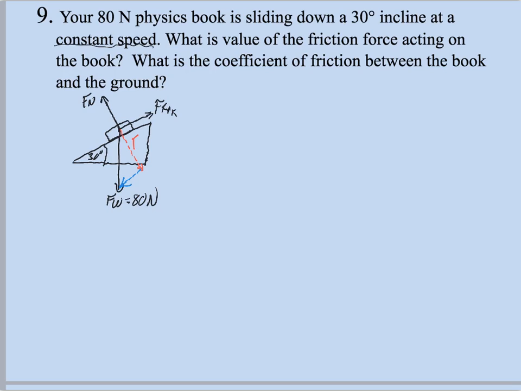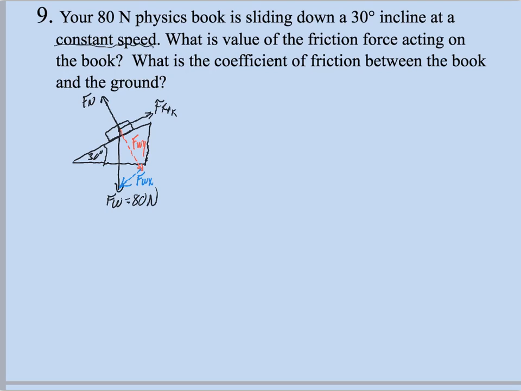This is FWY. This is FWX. And now I have finished drawing my free body diagram. Probably should have made my FWY a little longer, so that the blue line for the FWX is parallel to the inclined plane. So it should be a little bit longer, but it looks fine.